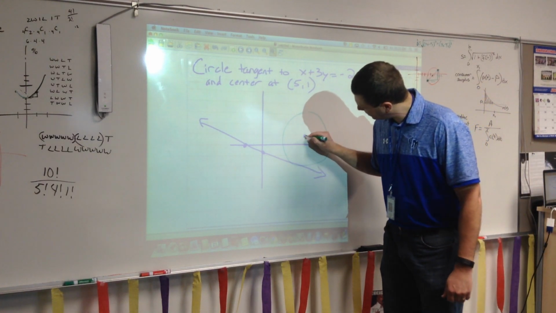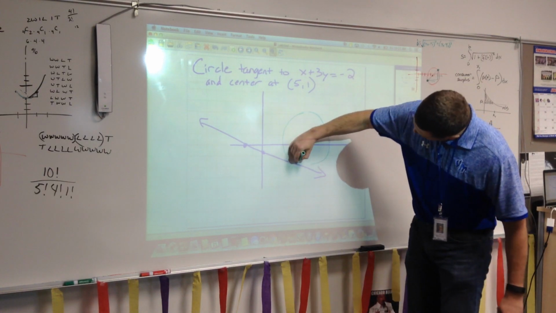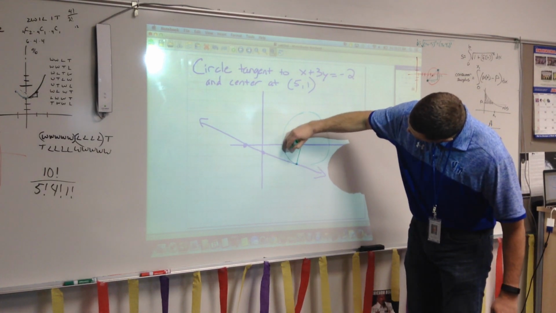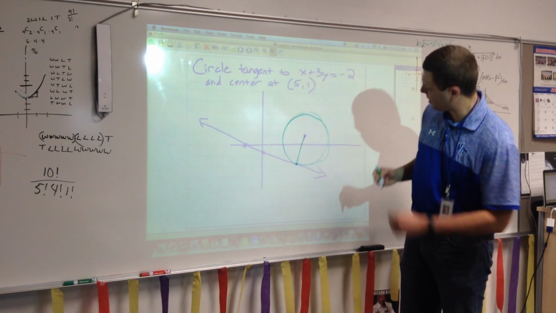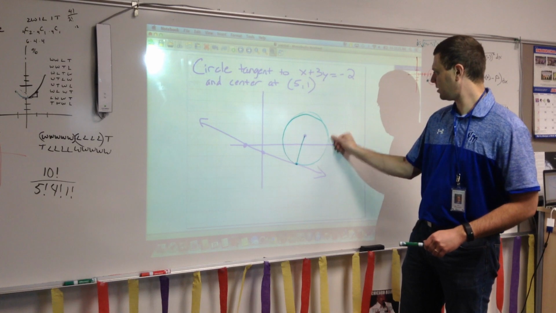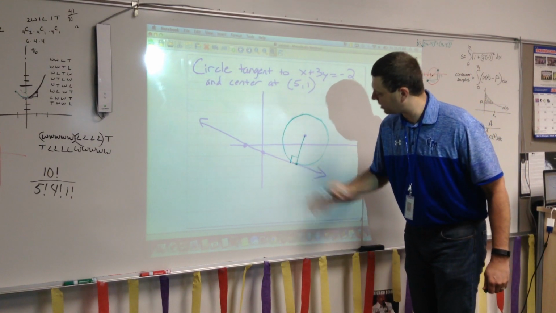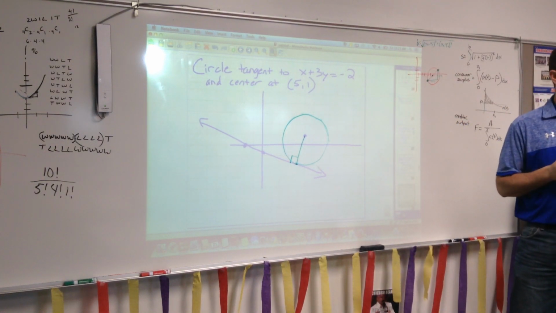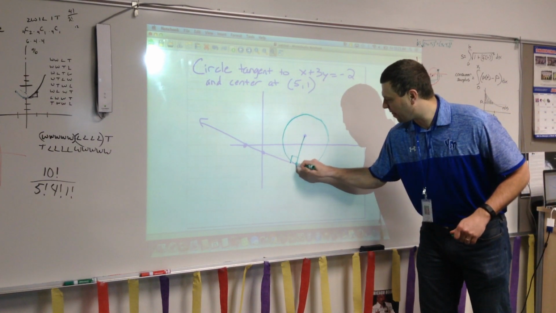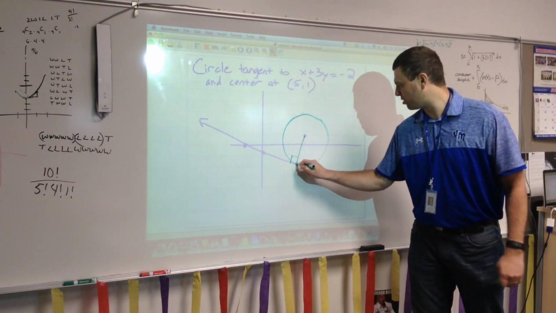This radius, which touches at the point of tangency, is perpendicular to the tangent line. It makes a 90-degree angle with the tangent line at that point where they touch.